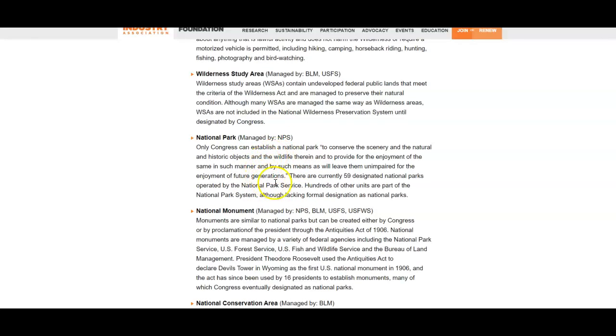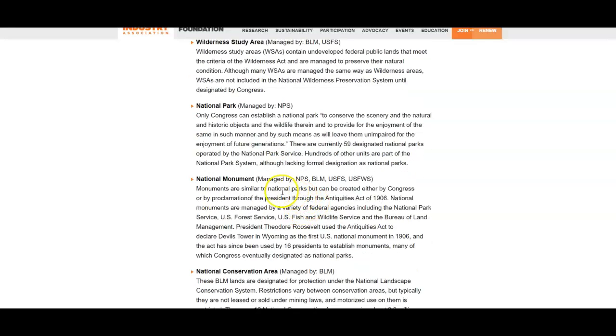Same with national parks. National parks have to be approved by Congress also, and this is the highest level of protection for lands that are managed by the Park Service. But the Park Service also manages national monuments, as do these agencies.